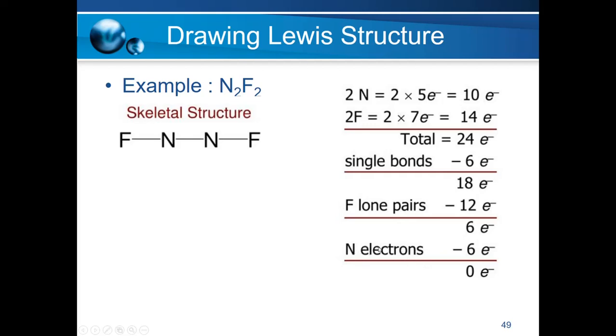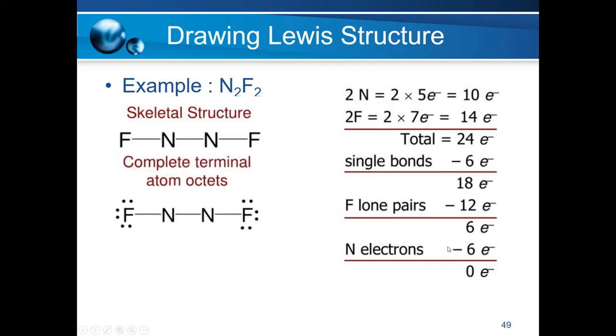Nitrogen electrons are 2, 4, 6. So nitrogen electrons are 6. So you get 0 here.